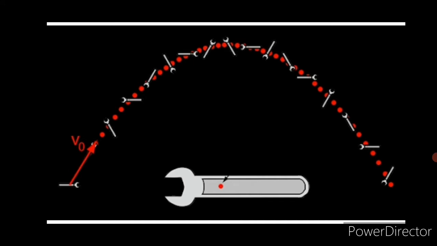Thus, under the influence of gravity and because of the initial force that we have given to the body, the body as a whole takes a parabolic path. When the body as a whole is under the influence of the external force, then the center of mass is also under the influence of the external force. So along with the body, the center of mass also experiences the acceleration due to gravity.